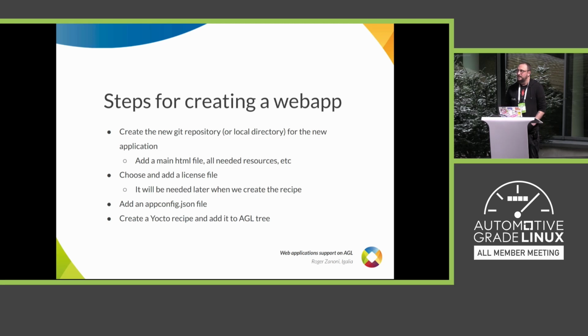Before the recent app framework changes, where the app framework was deprecated, it was possible to just copy a bundled web application to the image and install it using AFM U2, but this tool is not available anymore, and right now the only way that we can use for adding a new application is to put it in the AGL tree and bake a new image.